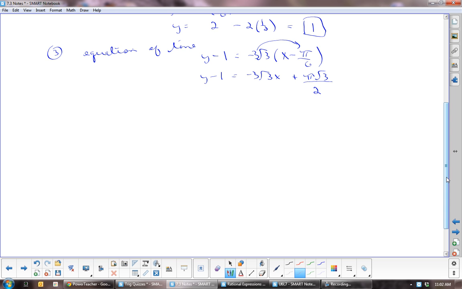Okay, one thing, we don't want any fractions, so let's multiply everybody by 2. So that will give me 2y minus 2 equals negative 6 root 3x plus pi root 3.